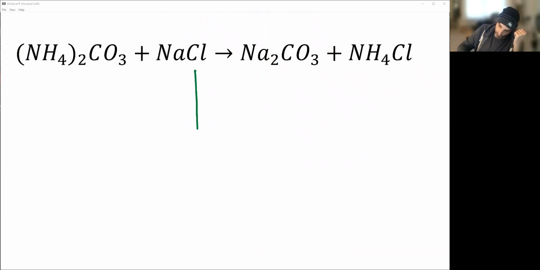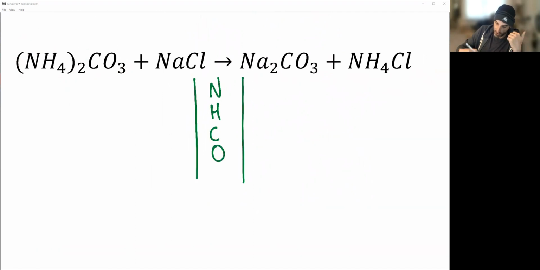So let's balance it, but whenever you have ions, and this is exclusively for ions, we actually want to balance by ions as opposed to actual elements. So instead of saying, all right, I want to balance my nitrogen, my hydrogen, my carbon, my oxygen, and going through the whole list, the easier way is to simply say, all right, I have NH4 plus, I have CO3 2 minus, I have Na plus, and I have Cl minus.